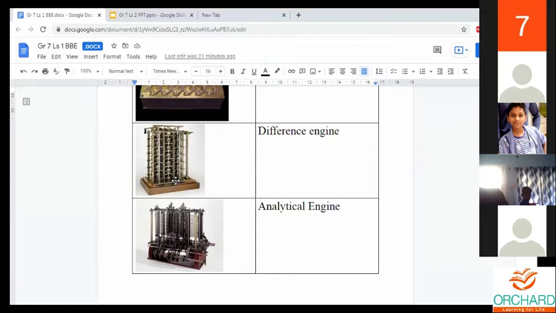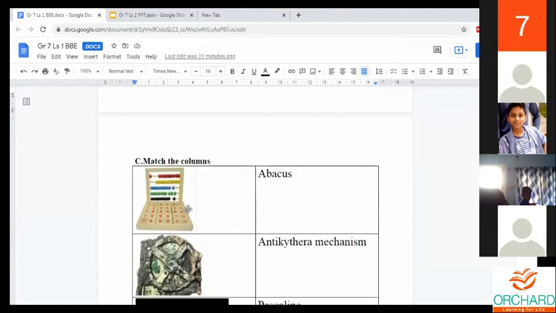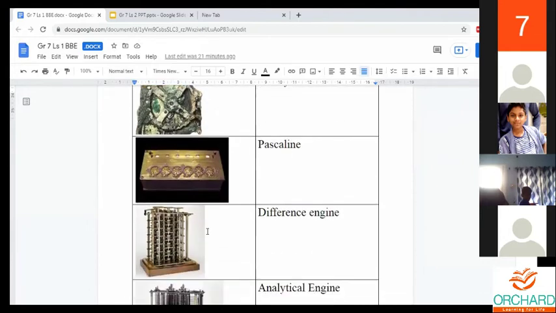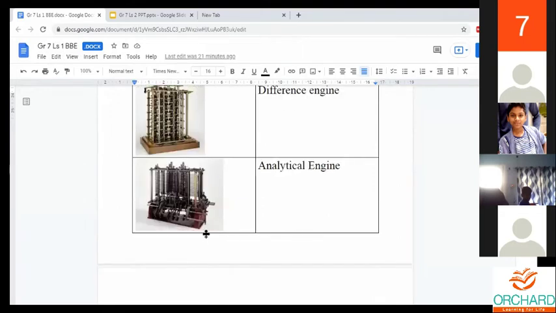So the difference engine is for solving mathematical equations. And the analytical engine is the first general purpose computer. Okay. This is abacus, Antikythera mechanism, Pascaline, difference engine, and analytical engine. So with this, your first lesson is over.